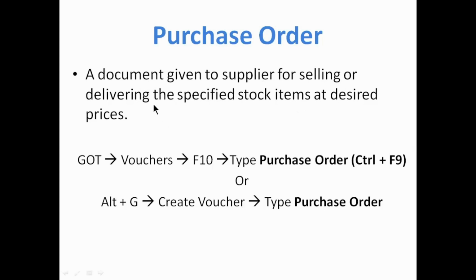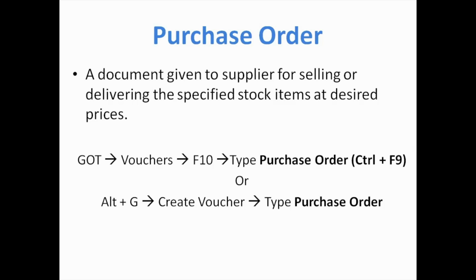For that, we will fill up the document known as the purchase order, where we give specifications of what type of stock we need, what the payment terms will be, what the delivery terms will be, and everything will be given in that purchase order.